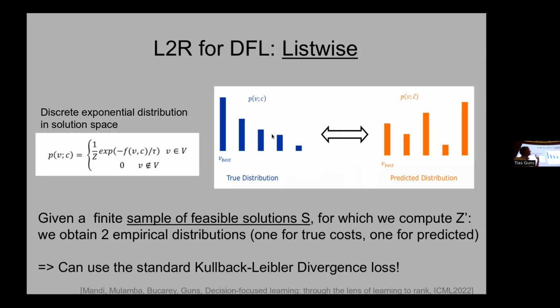Then we can use existing losses like the very well-known standard Kullback-Leibler divergence loss between 2 empirical distributions. Okay. So that's, again, a surrogate loss formulation, one that is consuming a lot of energy. And we can use that loss function instead.